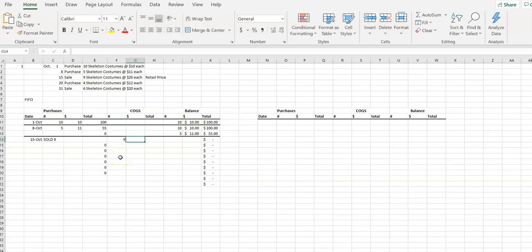So I'm going to have 9 at $10. And then on my inventory, I took the 9 out of the 10, so I only have 1 left from there. And then I still have my 5 at 11.